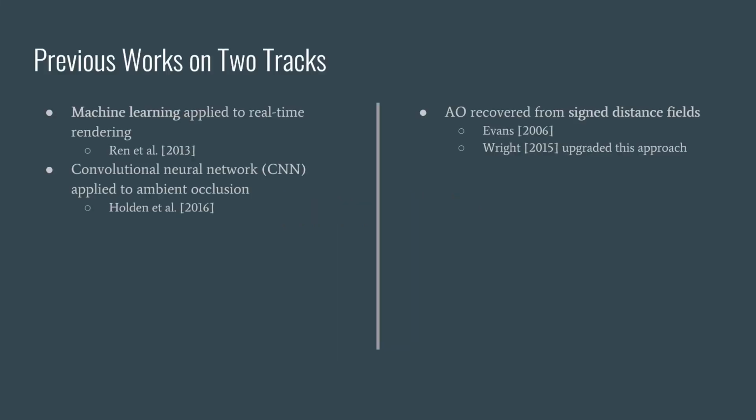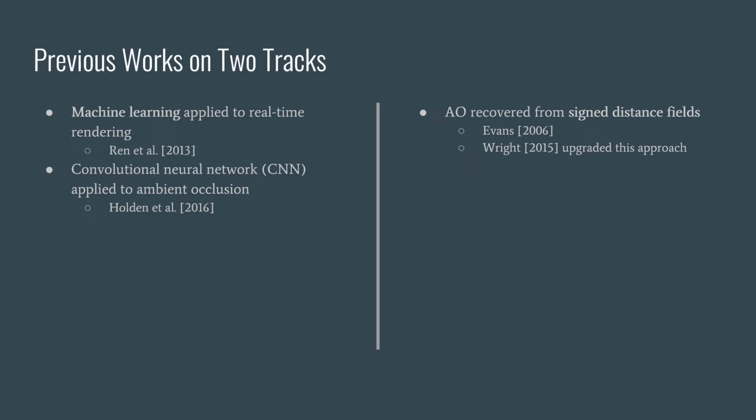So after SSAO and HBAO, many researches were additionally made in the AO field, and this paper was made thanks to the contributions of the senior engineers. I chose the most important ones from the references of the paper and divided them into two tracks. In the machine learning track, real-time rendering adopted machine learning for the first time in 2013, and in 2016, convolutional neural network was applied to ambient occlusion.